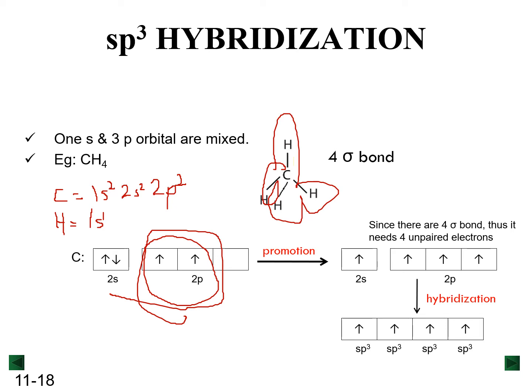So what we need to do, the electron from 2s here is promoted to 2p orbital, forming 4 orbitals that have 4 unpaired electrons, and this orbital, 1 from 2s and 3 from 2p, mix to form 4 new sp3 hybrid orbitals that have 4 unpaired electrons.